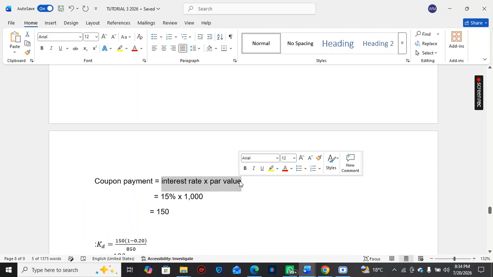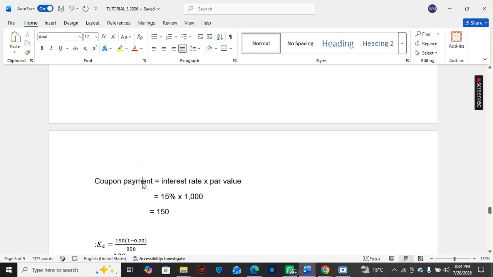Colleagues, what is this par value? What does the par value mean? And when you hear this word coupon payment, what does this also mean? Which is also the same as what's the other name we use?